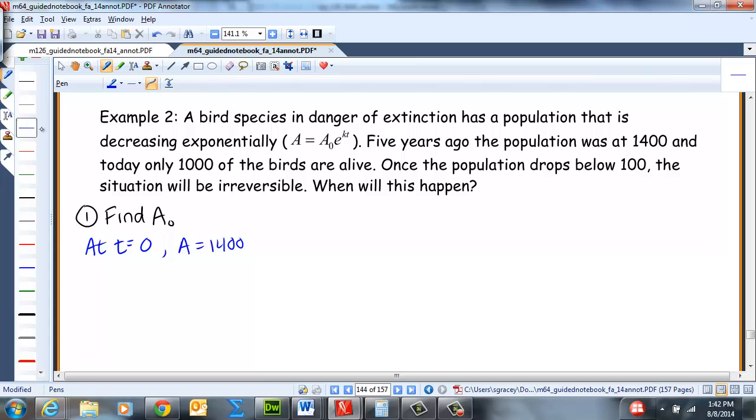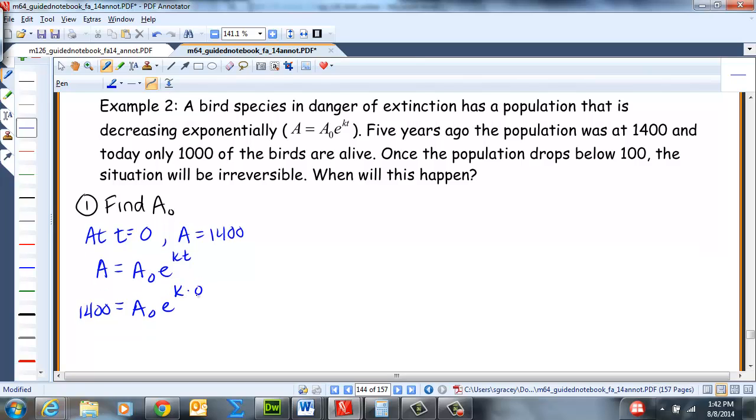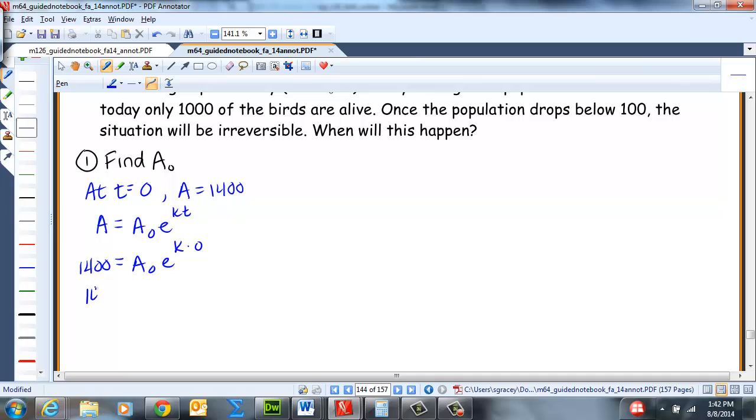So plugging into the equation A equals A0 e to the kt, plugging in 1,400 for A and 0 for t, we get 1,400 equals A0 times e to the 0.